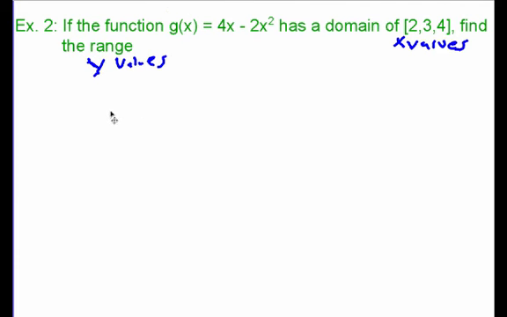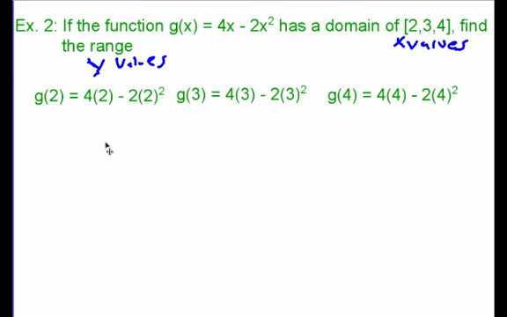Well, all we're going to do is plug in each one of our x values into the function and solve. So I'm going to plug 2 in for x, I'm going to plug 3 in for x, and I'm going to plug 4 in for x. So I get 4 times 2 squared minus 2 times 2, 4 times 3 squared minus 2 times 3, 4 times 4 squared minus 2 times 4.